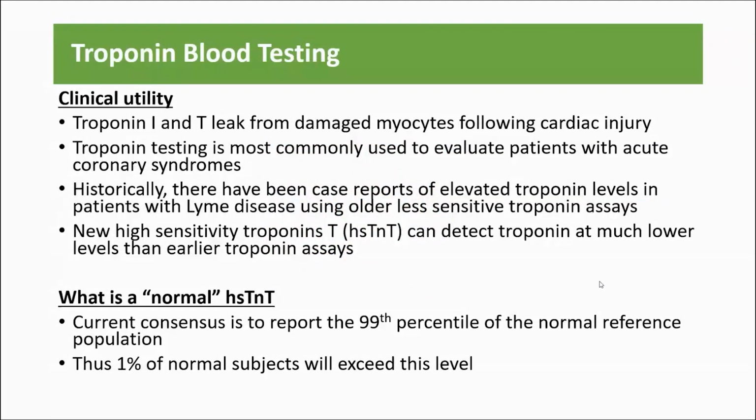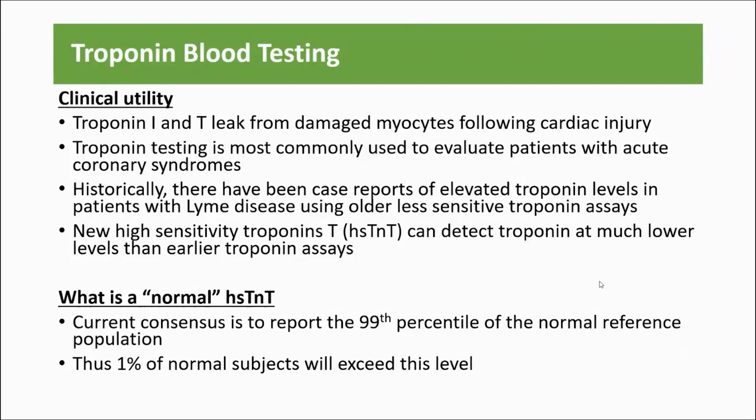Clinical utility of troponin blood testing. Troponin I and T leak from damaged myocytes following cardiac injury. Troponin testing is most commonly used to evaluate patients with acute coronary syndromes.